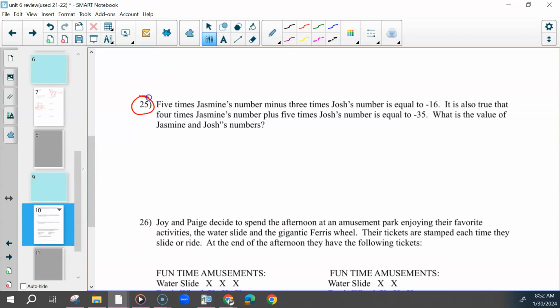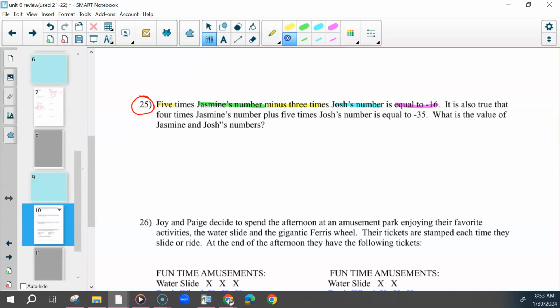So 25 is not a real word problem because it's just telling you what to do, but we can set this up and solve it, and then we won't solve any others, but we could set any others up so you can see what it would look like. So I'm going to read and highlight this at the same time. 5 times Jasmine's number minus 3 times Josh's number is equal to negative 16.